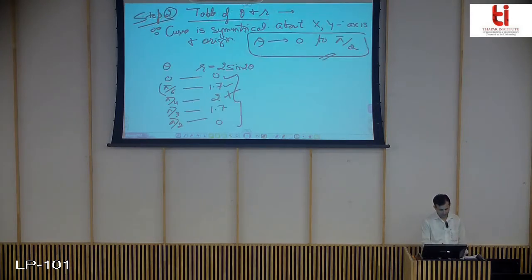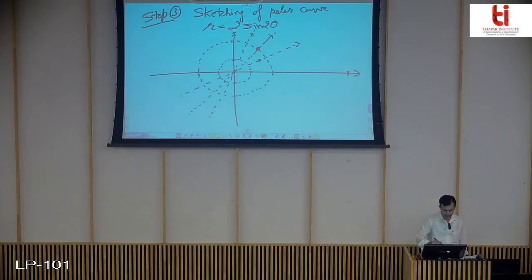Then for your 60 degree, it is 1.7 again. So here it is the array of 60 degree, and 1.7 is somewhere here, approximately. So you got these 4 points on this plane, and now we will be joining these points by rough hand.